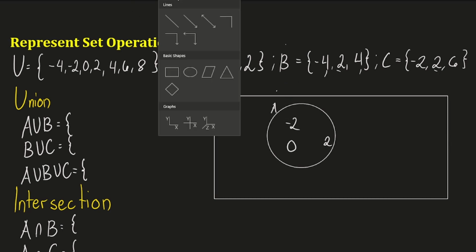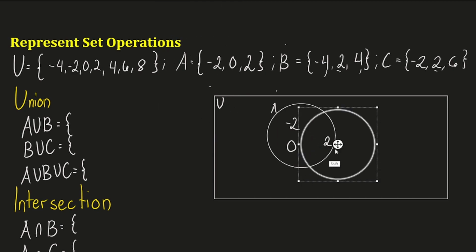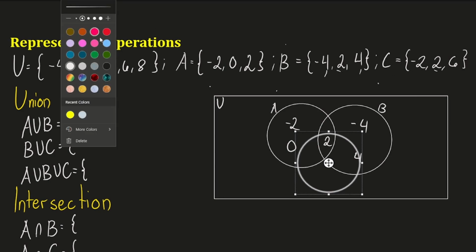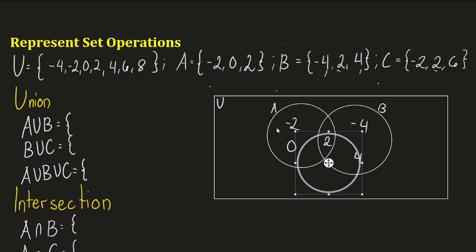Then we make another circle, overlap it with A since they have a common element, -4 and 4, and label this as B. And for C, there you go. So we have 2, -2, and 6. So for -2, we also have it for A. So we're going to put -2 right over here.